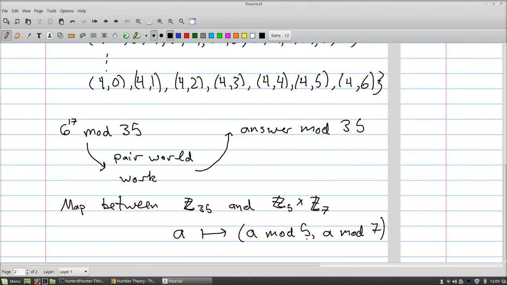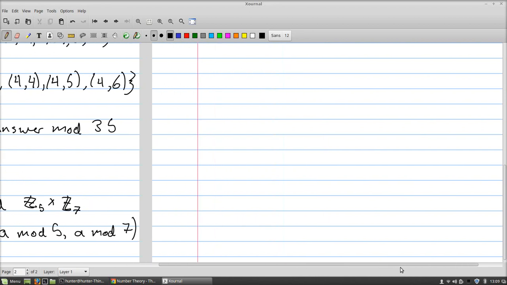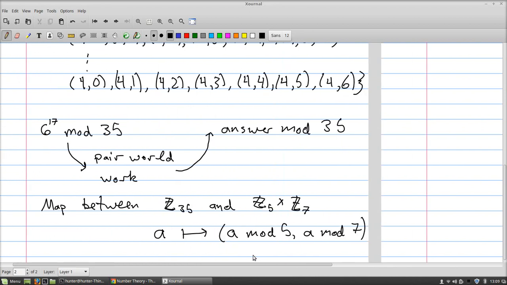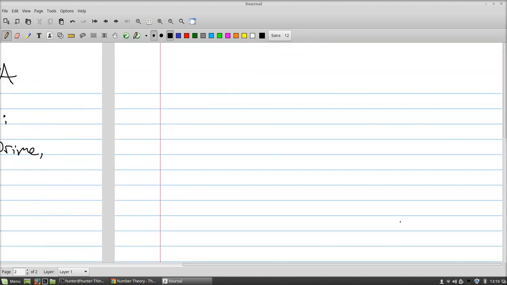So it's a one-to-one correspondence, but more than that, arithmetic down here is just the same as arithmetic up here, and vice versa. Let's give an example, using 6 to the 17th. First, let's just practice sending 6 into and out of the pair. 6 is an element of Z35, and we want to send this into Z5 cross Z7.